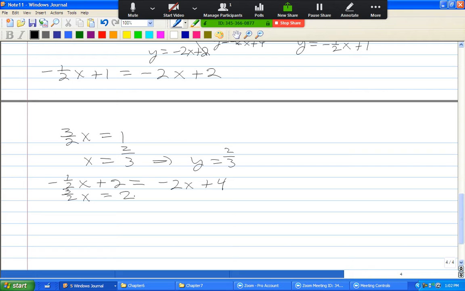Subtract 2. So x is equal to 4/3. And y is equal to negative 2/3 plus 6/3, which is 4/3.